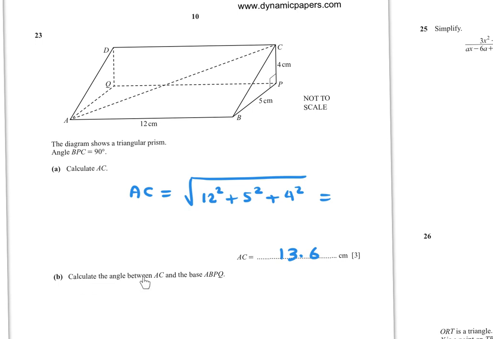B. Calculate the angle between AC and the base ABPQ. To find the angle between AC and the base, AC intersects the base at A, and the perpendicular from C to the base will be B. So join AB, the diagonal AB.